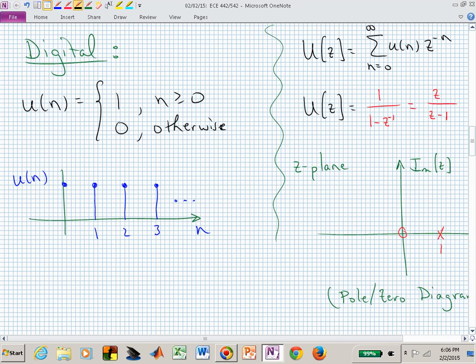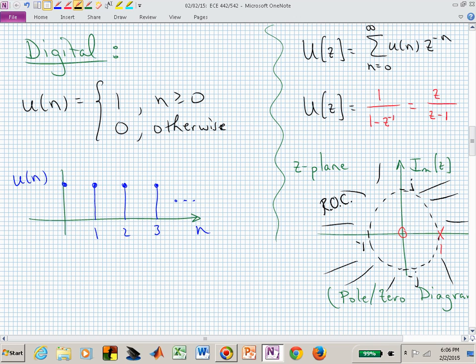If we sketch the region of convergence here, here's minus 1, here's j, here's minus j. Here is our region of convergence.